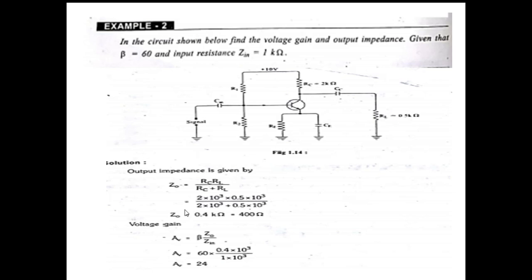Therefore, by substituting this beta value 60, output impedance 400, input impedance 1 kilo, AV becomes 24.